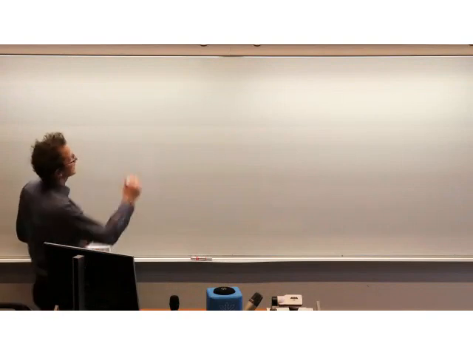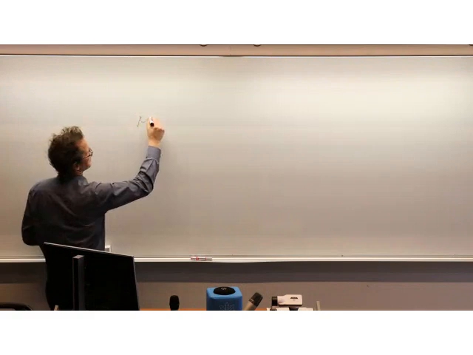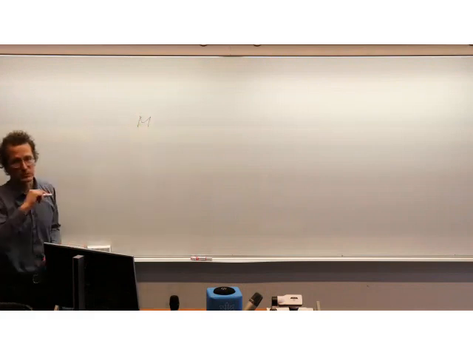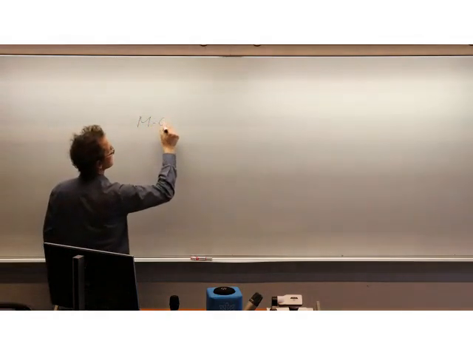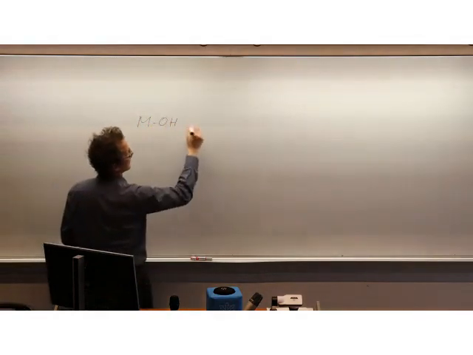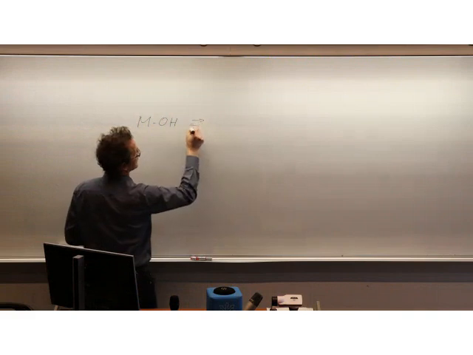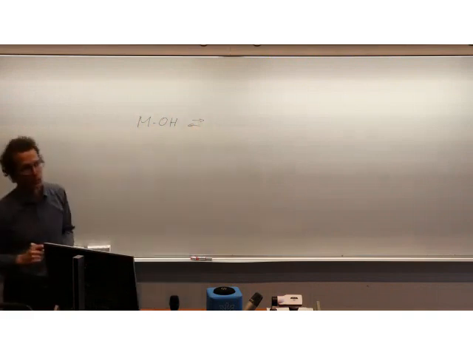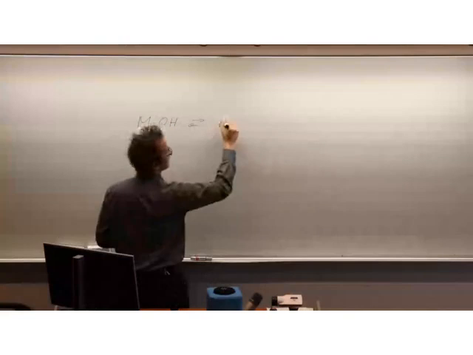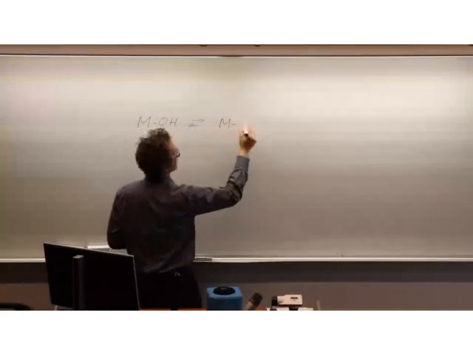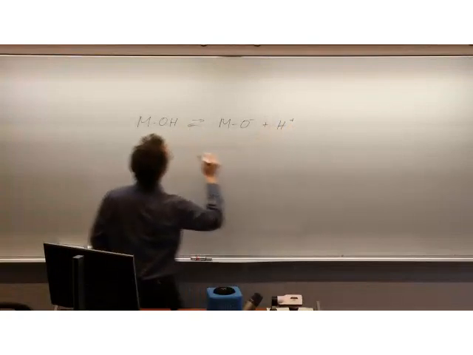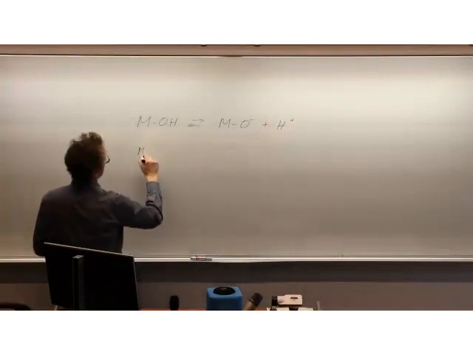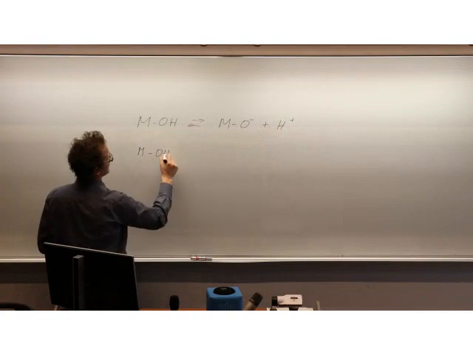And the point is that those metals form hydroxides on their surface, and those hydroxides can undergo two types of dissociation. First it may undergo dissociation like this, and another possibility is like this.